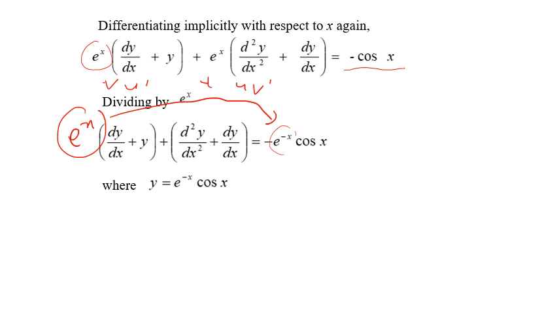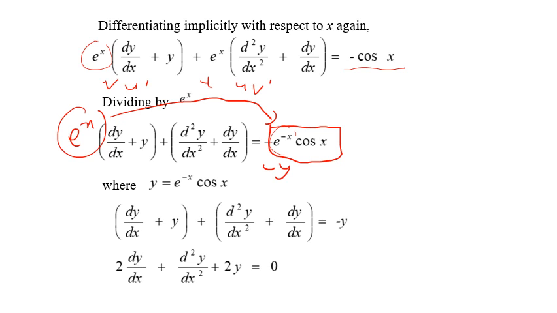On the right hand side here, e negative x cos x is actually y, so we can replace it with y. So on the right hand side it will be negative y, okay. And then on the left hand side, we simplify.